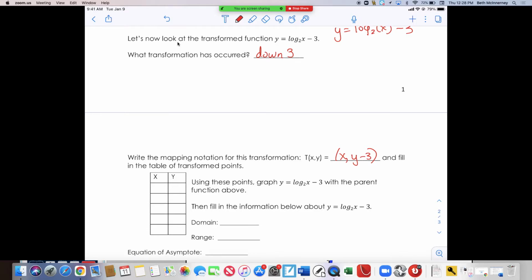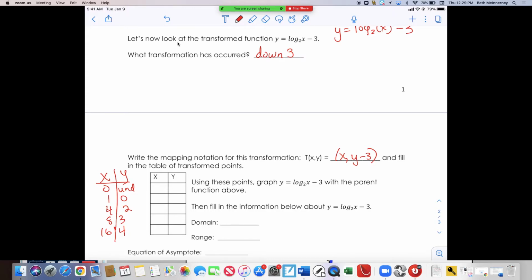So if it helps, I'm going to take the table from above. So 0 was undefined. We had 1, 0; 4, 2; 8, 3; and 16, 4. This was our parent function.